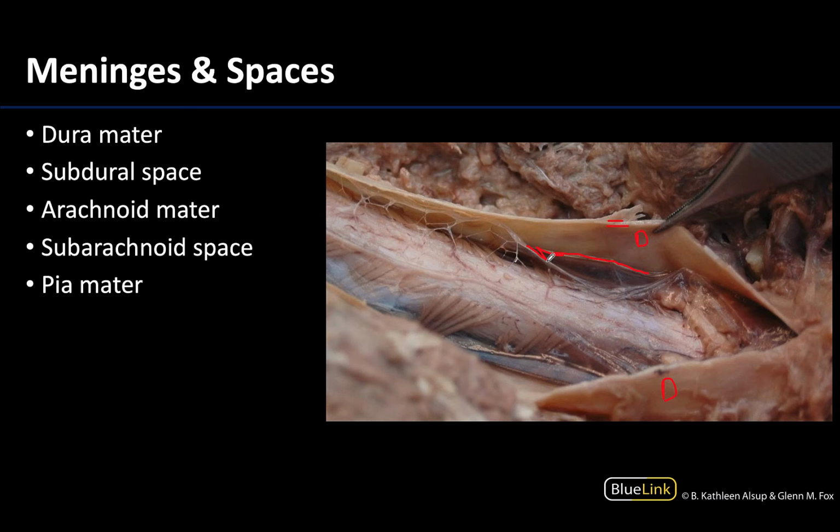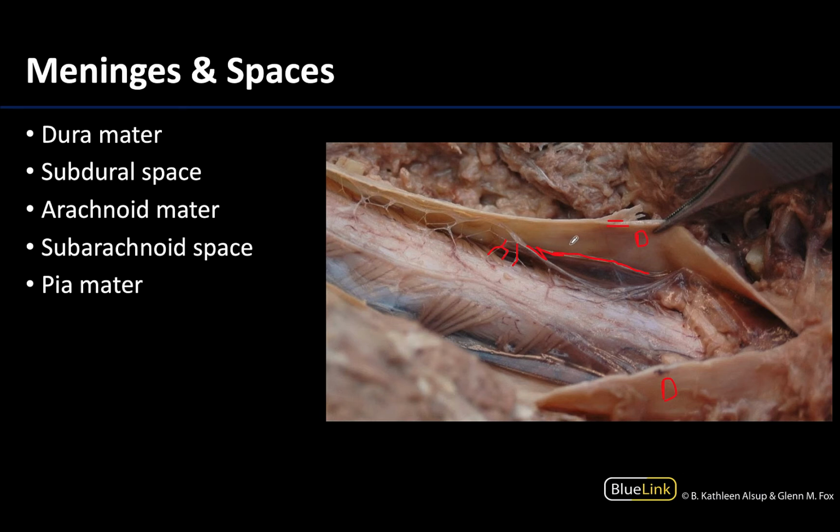But during the embalming process, sometimes it can stay adhered to the dura, sometimes it becomes kind of collapsed and will adhere more towards the pia mater. But in this particular dissection, you can see kind of this filmy appearance that is the arachnoid, and you can see some of those arachnoid trabeculae that give the arachnoid its name and that spider-like appearance.